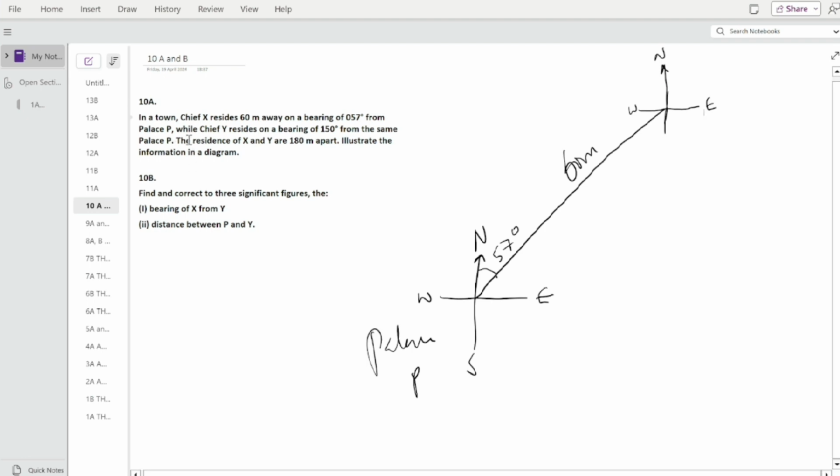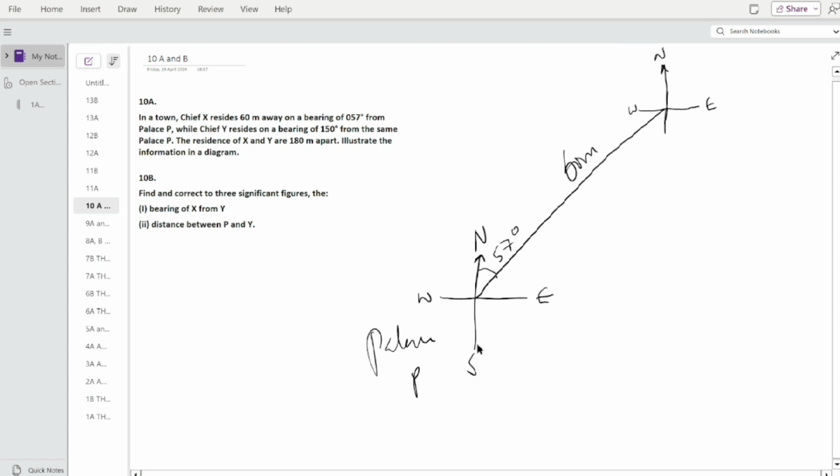It then says, while Chief Y resides on a bearing of 150 from the same Palace P. So the location of Chief Y's house is 150 degrees. When it's a 3-figure bearing, you take your reading from the north. We travel 90, and 150 is greater than 90, so you travel a little bit further.